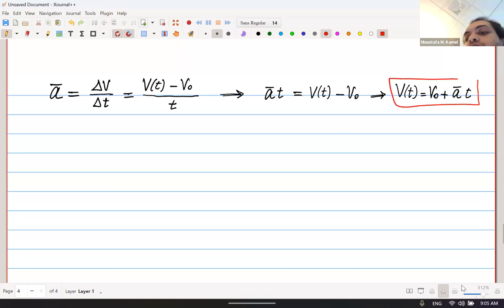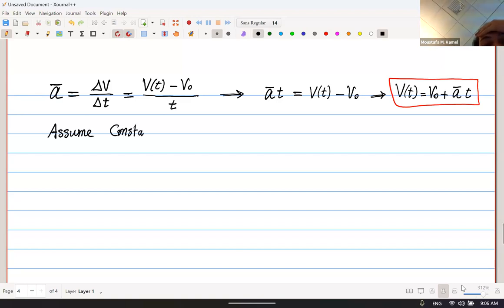This is the first kinematic equation. This is a very important equation that you will keep using throughout kinematics. There is an important assumption that we can make here: assume acceleration is constant.